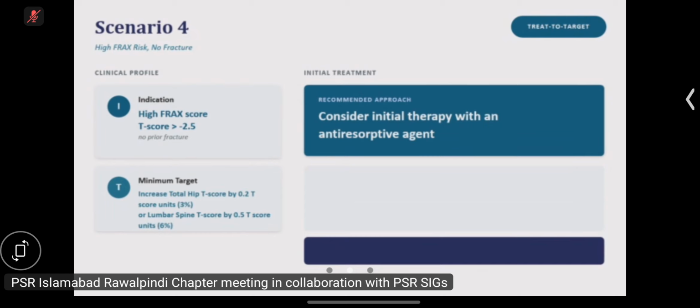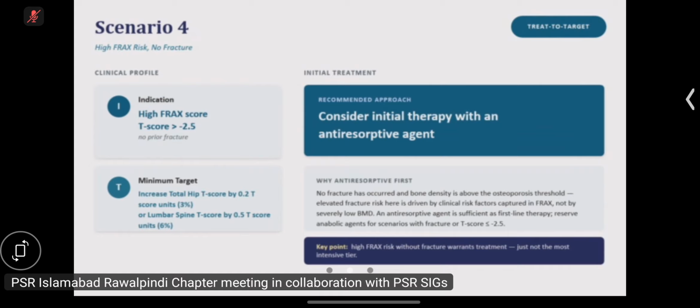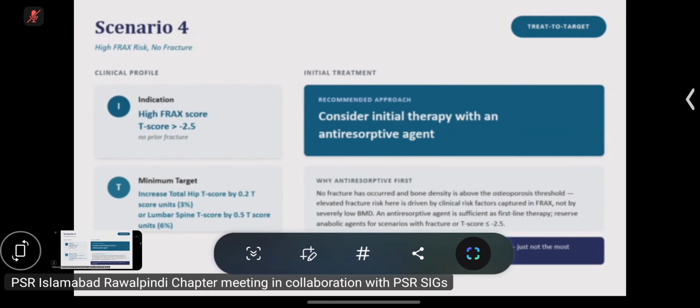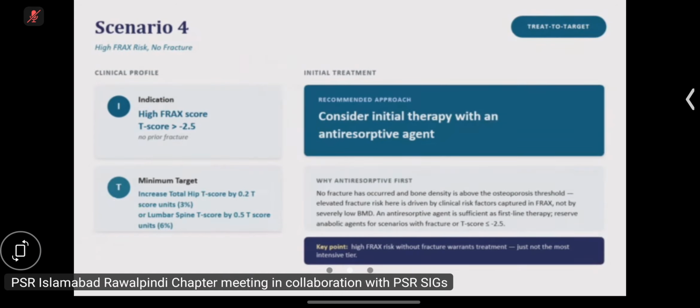And since they do not have a history of fracture and they do not have osteoporosis as yet per se, we can consider initial therapy with an anti-resorptive agent. And the key point here is that high FRAX risk without fracture warrants treatment, but just not with the most intensive agent available.